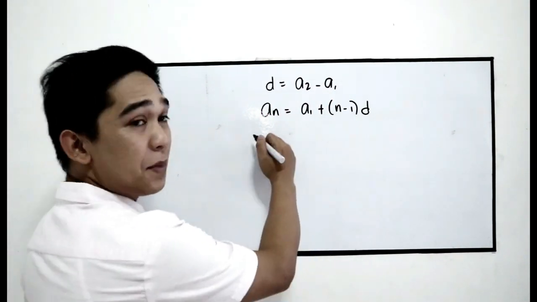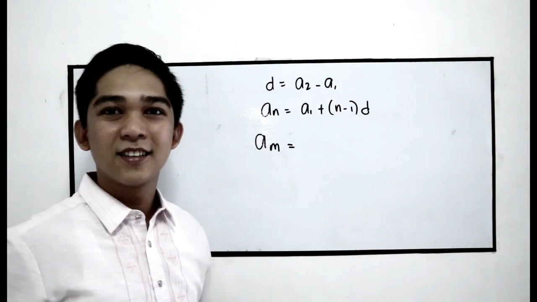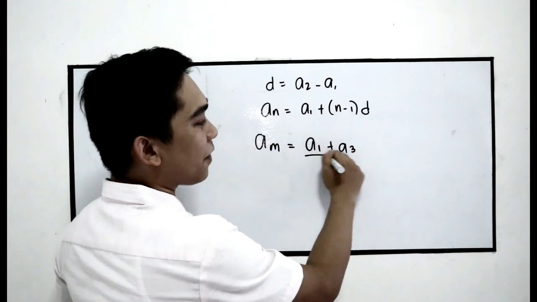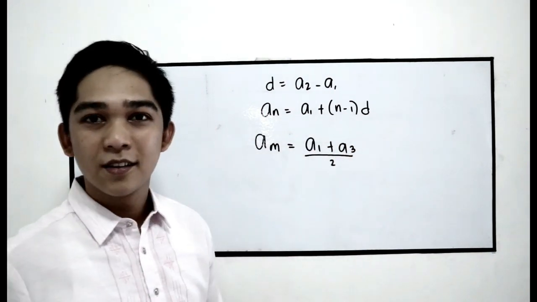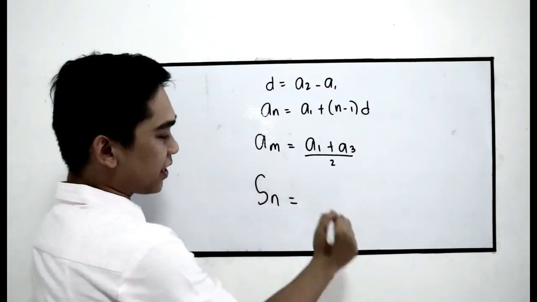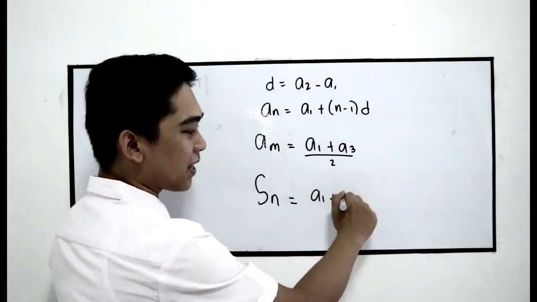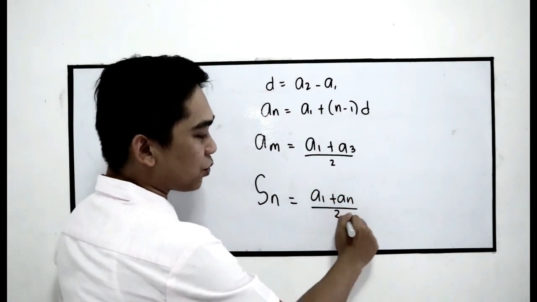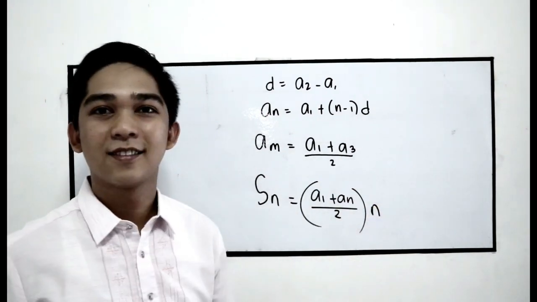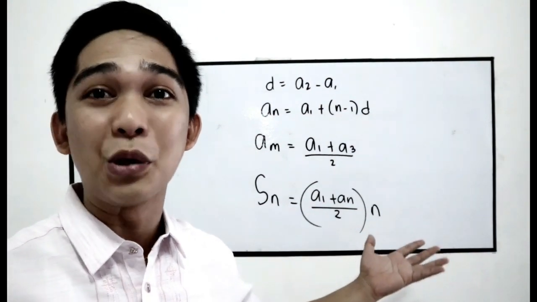And for the arithmetic mean, that is a1 plus a3 divided by 2. And for the arithmetic series, the Sn, that is a1 plus an divided by 2 times the number of terms, n. So those are the different formulas that we're going to use.